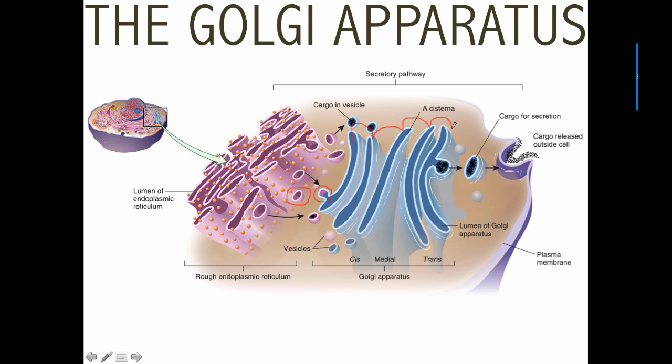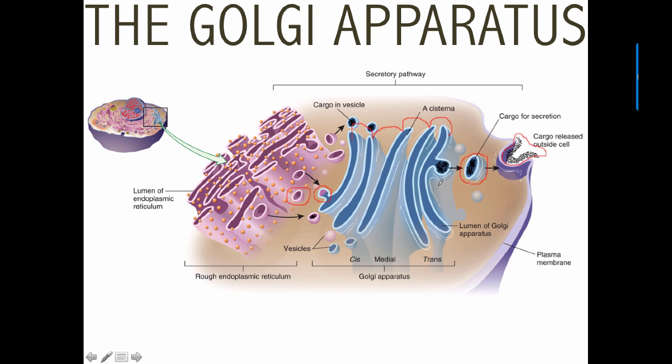As these vesicles move through the Golgi, more and more proteins get modified by the addition of sugars in a process called glycosylation, and many of the proteins which are released from the cell are very highly glycosylated. Ultimately, a little vesicle leaves the trans face of the Golgi, containing a number of molecules and proteins which are going to be released outside of the cell.